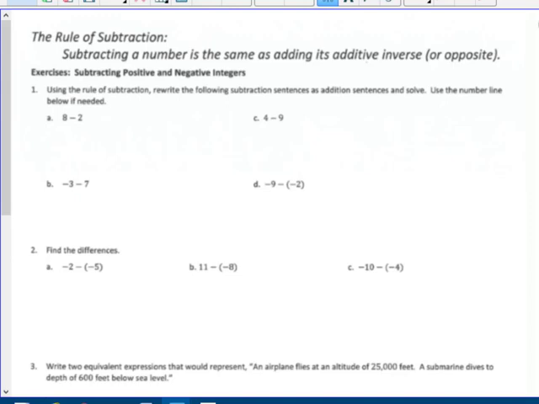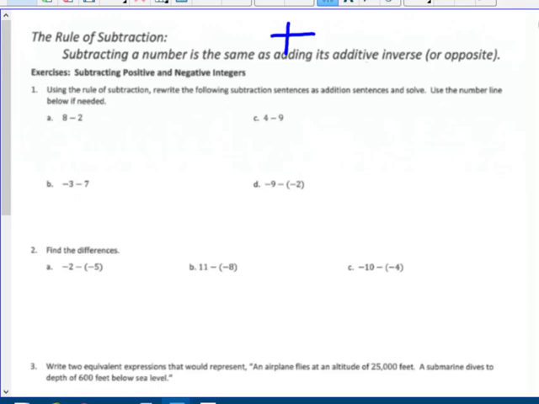So using the rule for subtraction, rewrite the following subtraction sentences as an addition sentence and solve. Subtracting a number is the same as adding its opposite, its additive inverse.